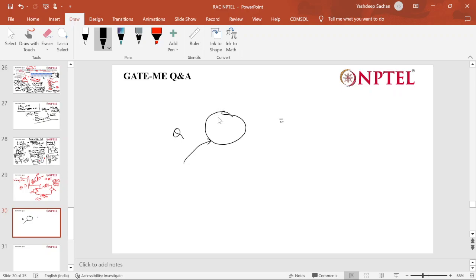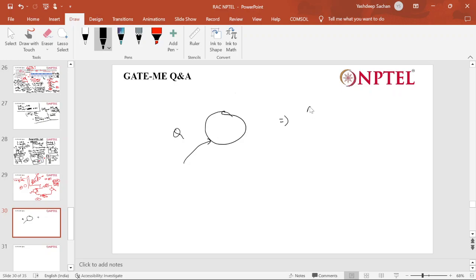Here I'm thinking it is internally irreversible, due to the molecular friction. So first I am taking this system as internally reversible.